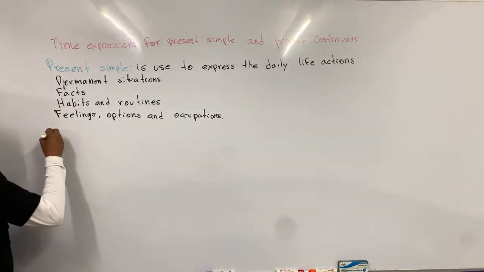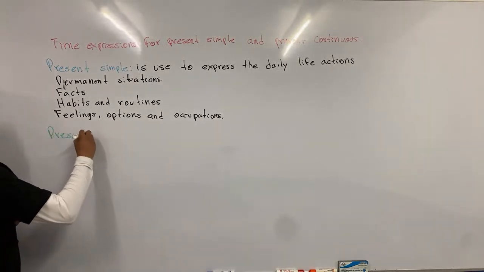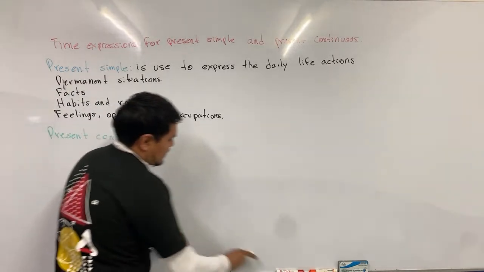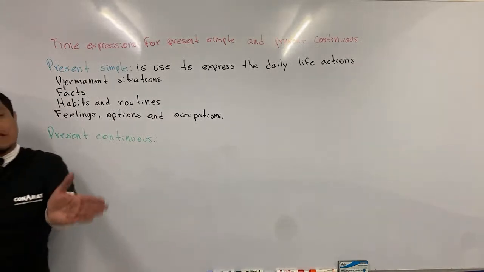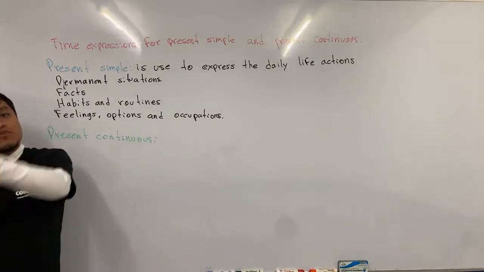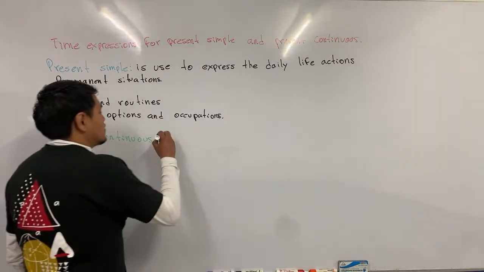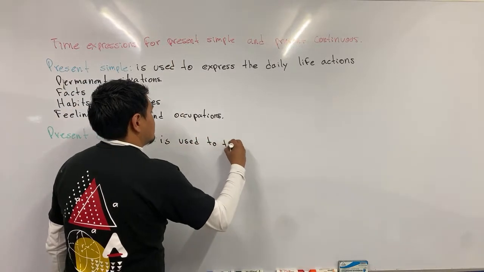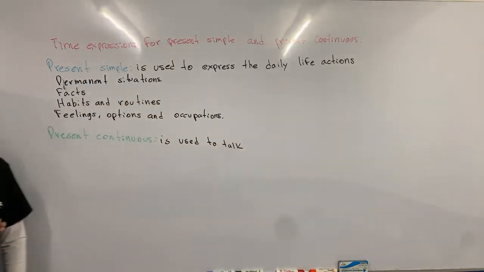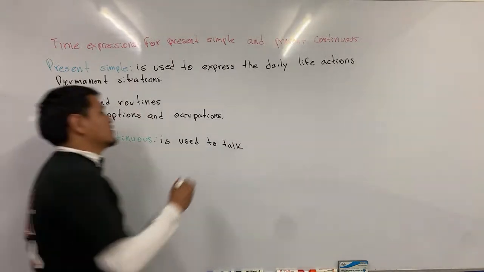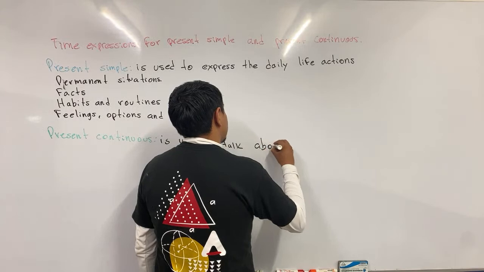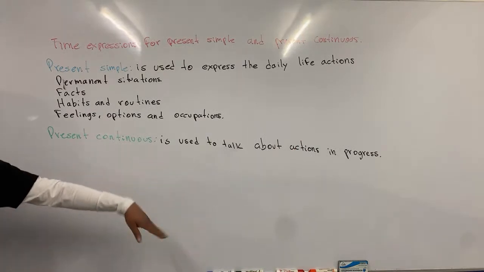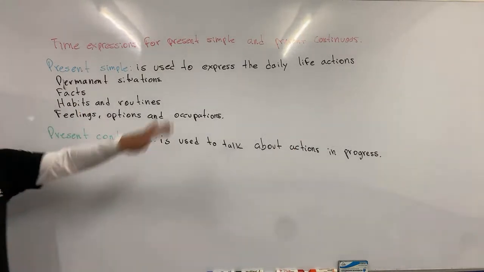Now, present continuous. We use present continuous to talk about actions in progress. The first, permanent situations, right?